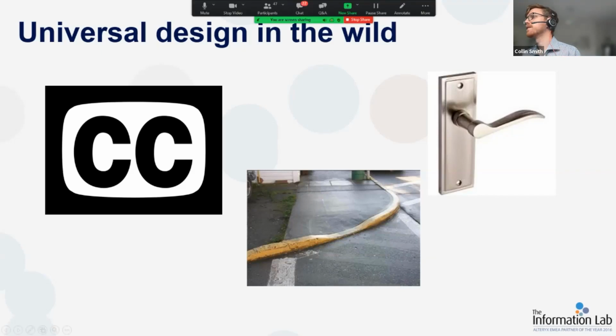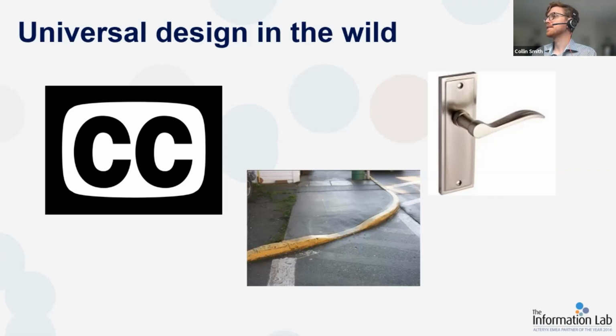Road cuts or curb cuts. A lot of times universal design, we don't even notice it, but these curb cuts are an example of universal design. So whenever we have a crossing across the street, there's legal requirements in many countries to have a curb cut so that people who use wheelchairs can access the road crossing.